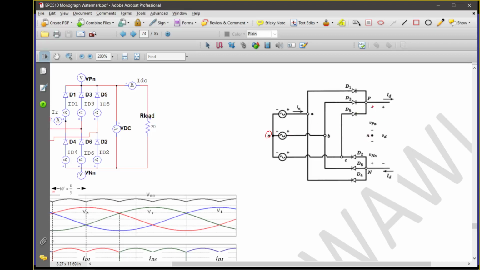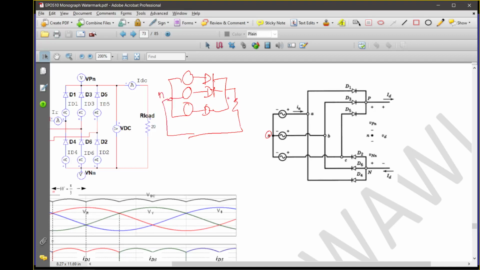So we have plus minus voltage, and then you have plus minus voltage of V_P and V_N with respect to the neutral, just what we did for the half wave midpoint converter. Whereby for the half wave, you always have this, then you common that, and then you have a resistor, and you come back to the neutral.